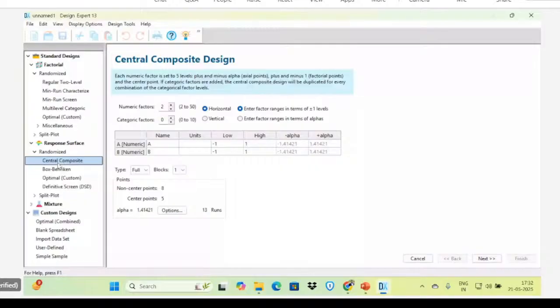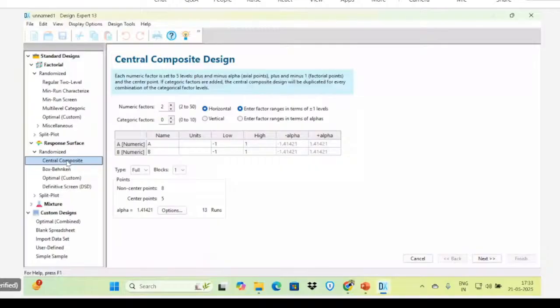But central composite design is generally used for optimizing process parameters. Other optimization techniques are also there, like genetic algorithm, artificial neural network, grey relational analysis, and PCA, principal component analysis. These are the major techniques that we can use.